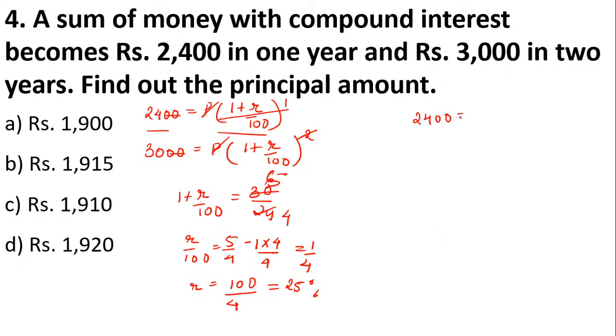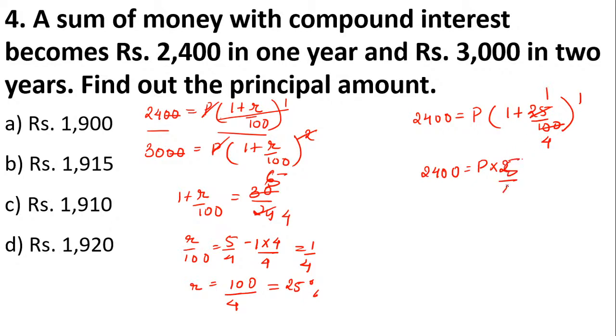So for the amount, we will write again this side. 2400 is equal to P into 1 plus 25 upon 100 to the power of 1. 25 ones are 25, 25 fours are 100. Again LCM, it becomes 5 upon 4. 2400 is equal to P into 5 upon 4.